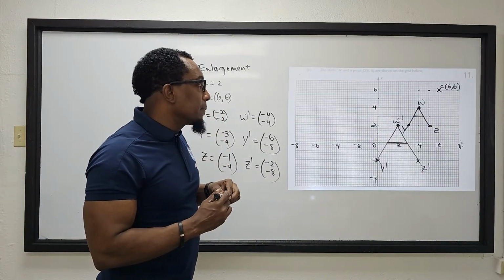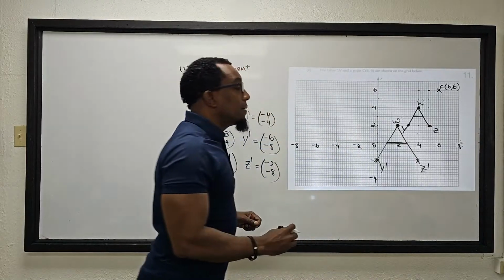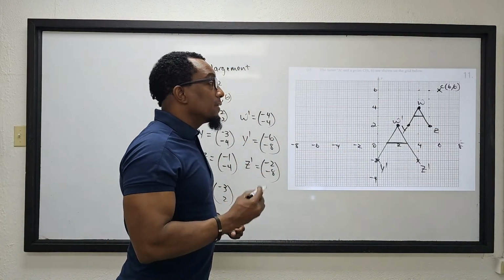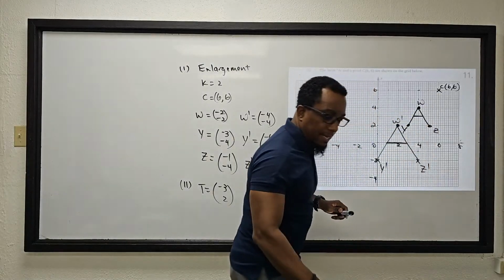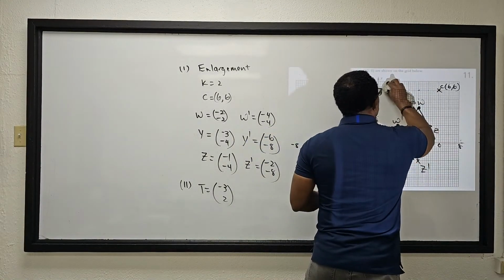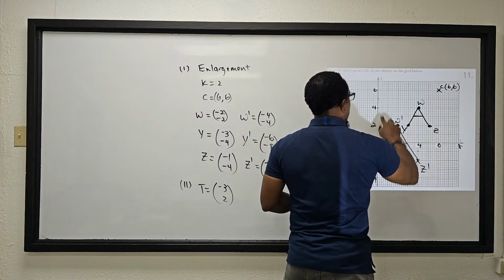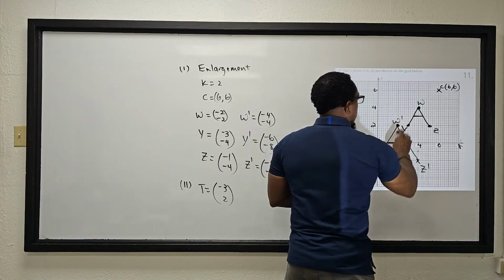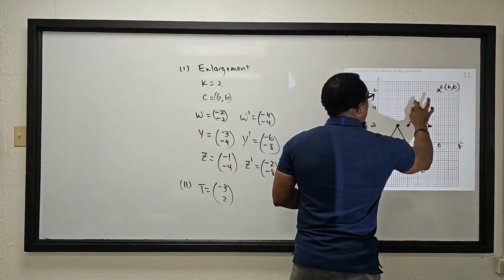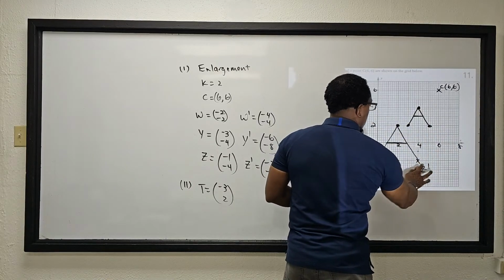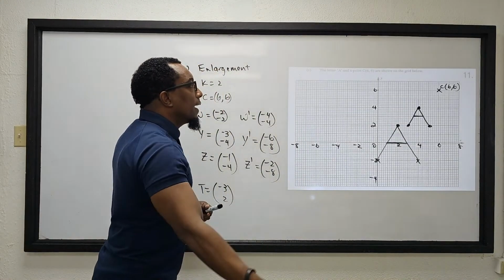So this will be, because it's negative 3, I'm moving to the left and 2 upwards. So I'll remove these dotted lines here. We remove W prime.